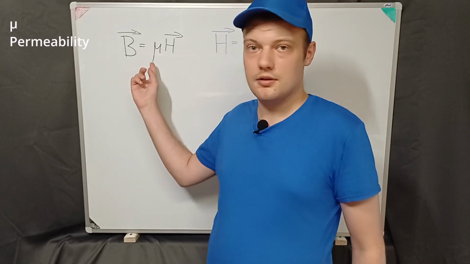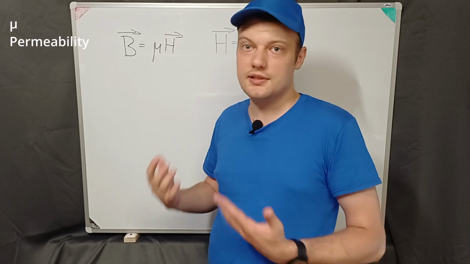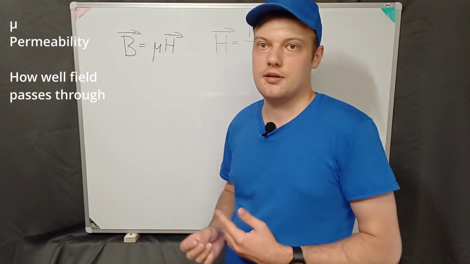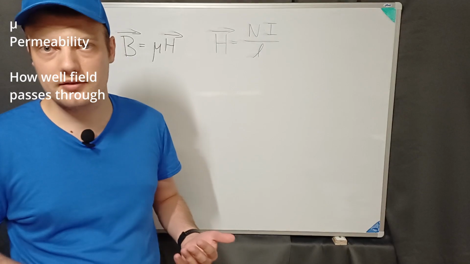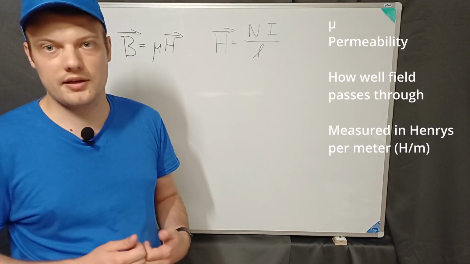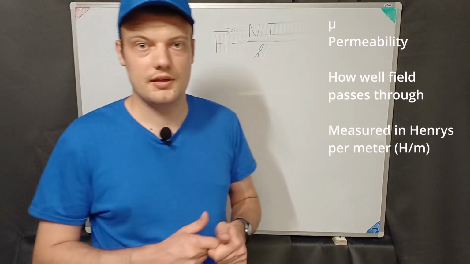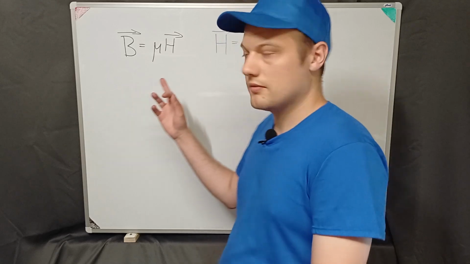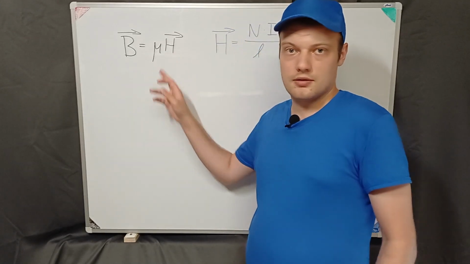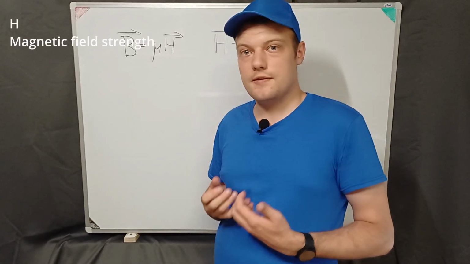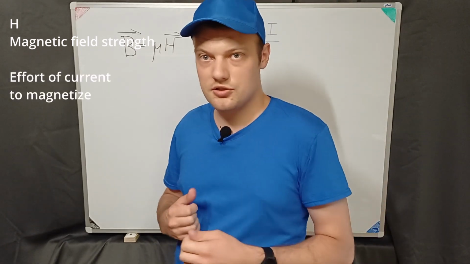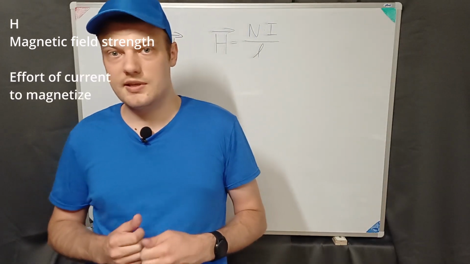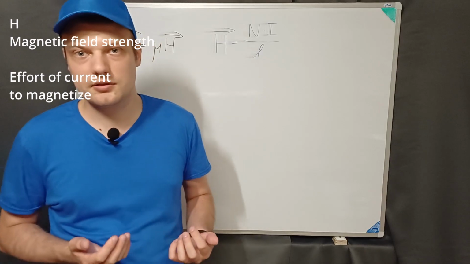Here, mu is the permeability of the material. It tells us how easily the magnetic field can pass through it. It's measured in henries per meter. And H is the magnetic field strength. It describes how much effort the current is making to create the magnetic field.